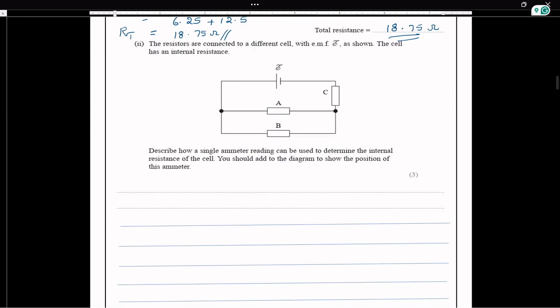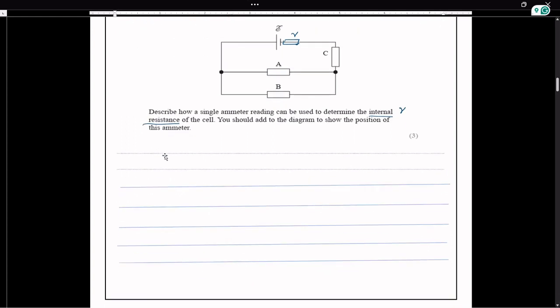We want to calculate the internal resistance r. You have studied that we connect an ammeter in series to the circuit for measuring the circuit current.